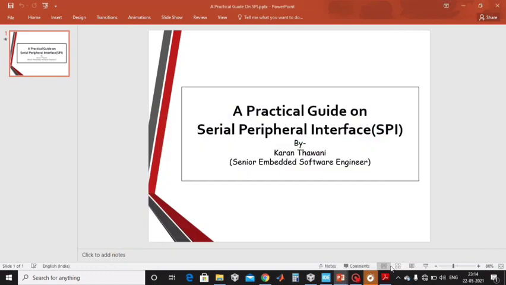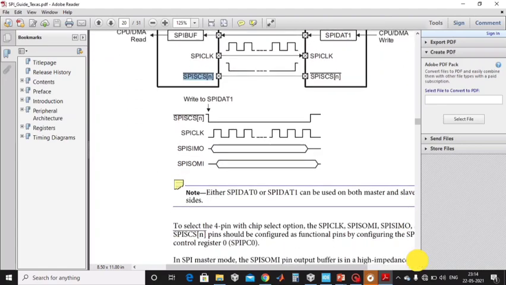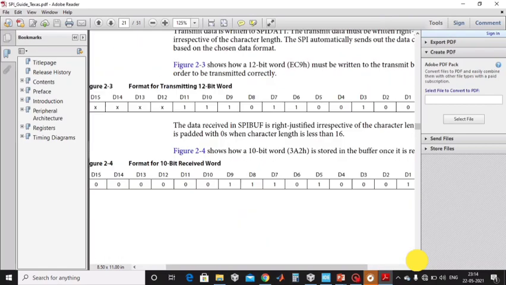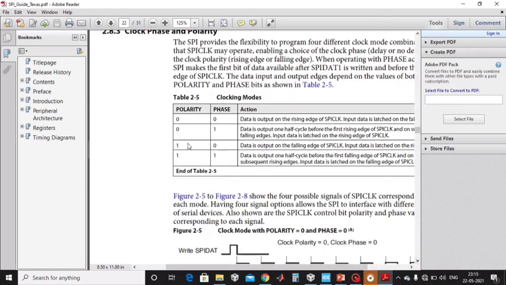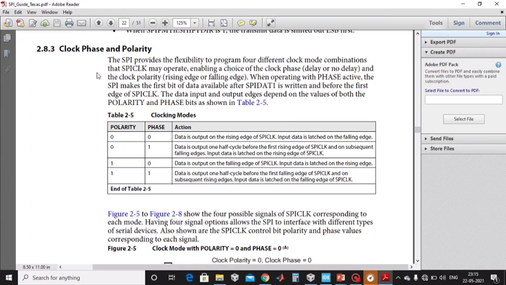Now a few important things about the SPI communication. These are the two important things regarding the SPI communication, and these are the properties of the clock.